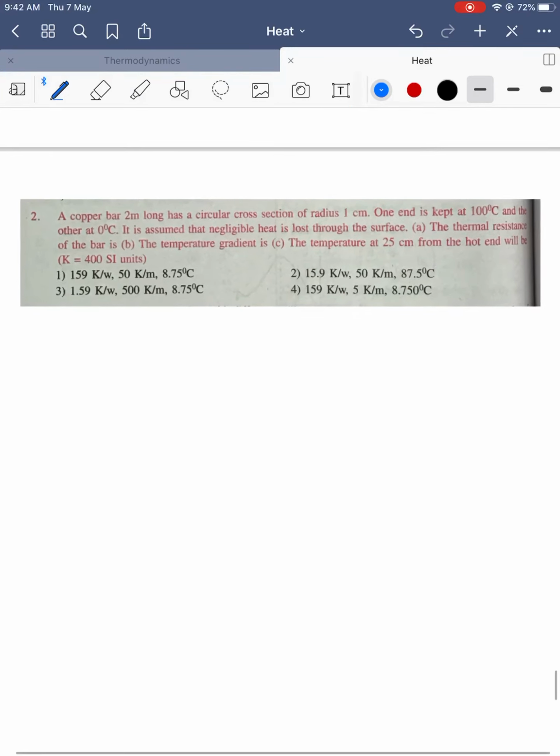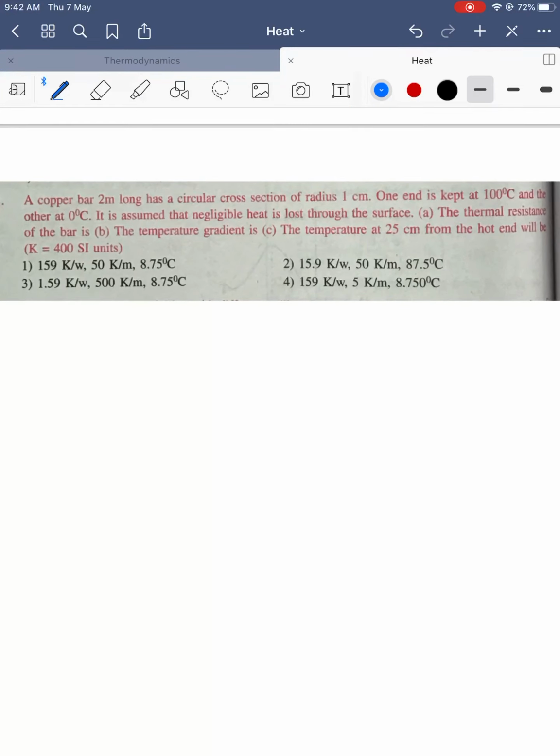See this one. A copper bar of 2 meter length has a circular cross section area. See, he is saying that the copper bar has a circular cross section area. The radius is 1 centimeter, and one end is kept at 100 degrees Celsius and the other at 0 degrees Celsius. I explained this model in the second video.